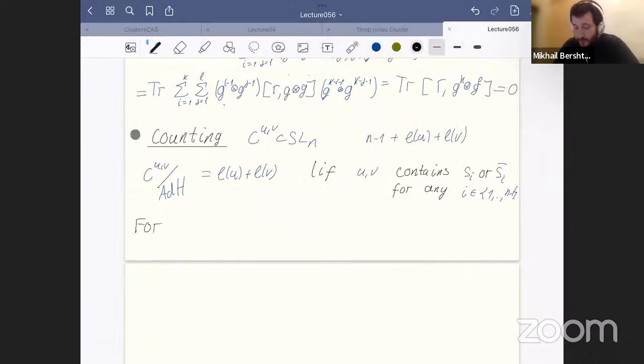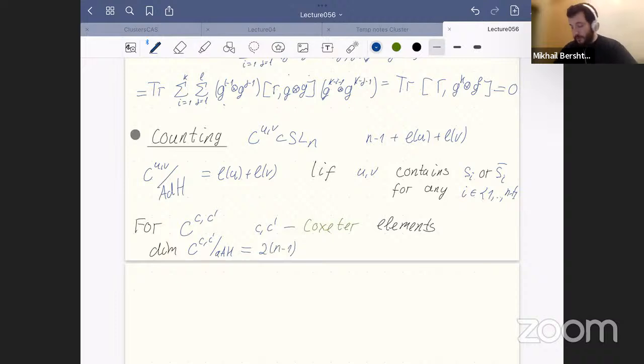So now if we take a Coxeter double cell, some cell C', where C' are Coxeter elements, we have the dimension of this Coxeter cell equal to 2 times (n minus 1), because C' contains each reflection only once.